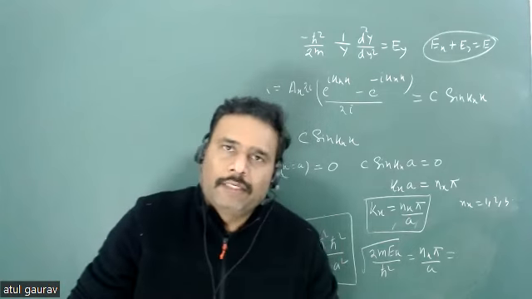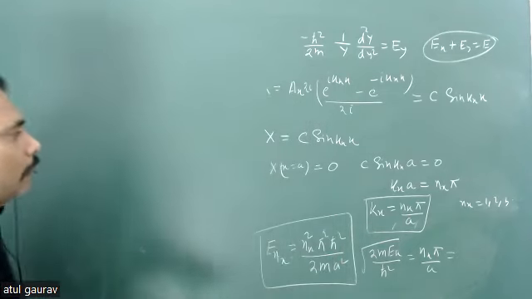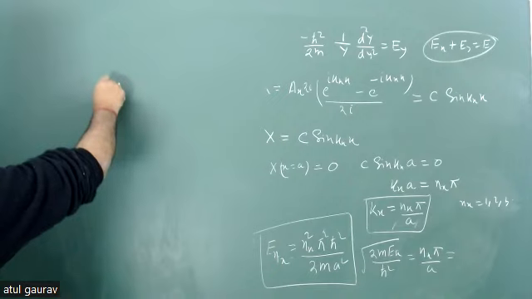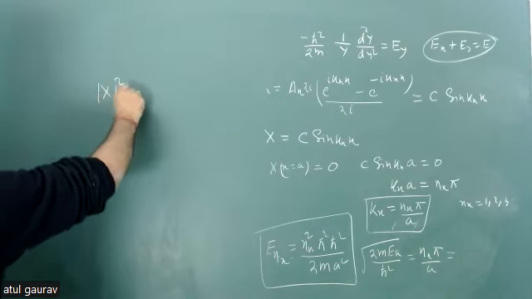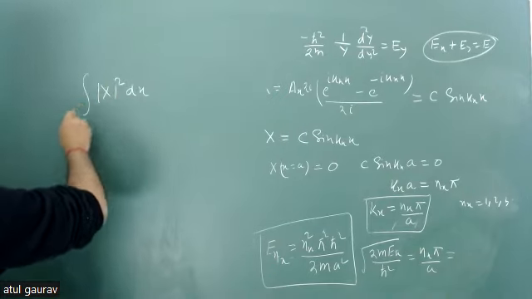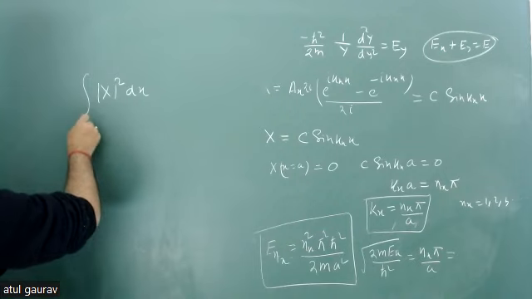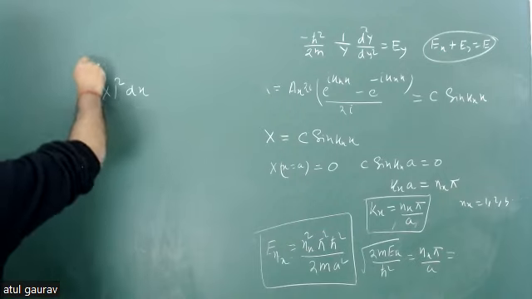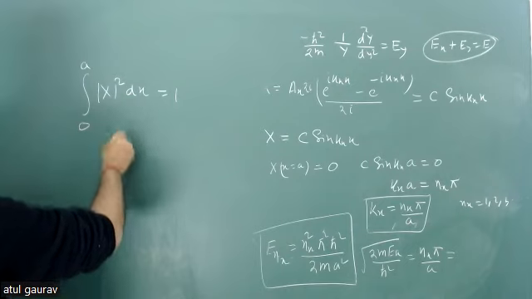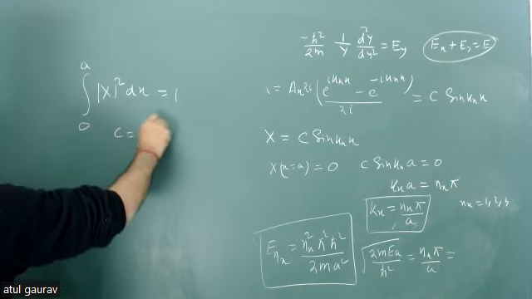So you can use the normalization condition, integral of mod ψ squared dx, from obviously 0 to a, must be equal to 1.